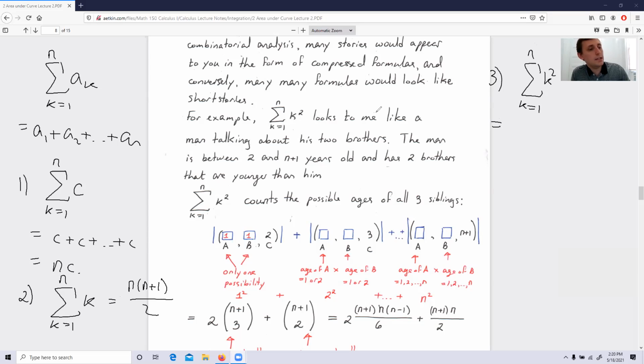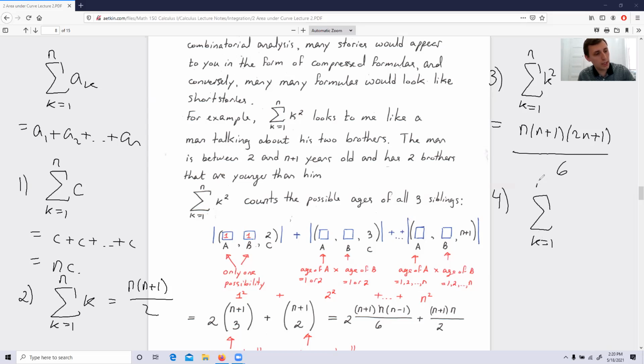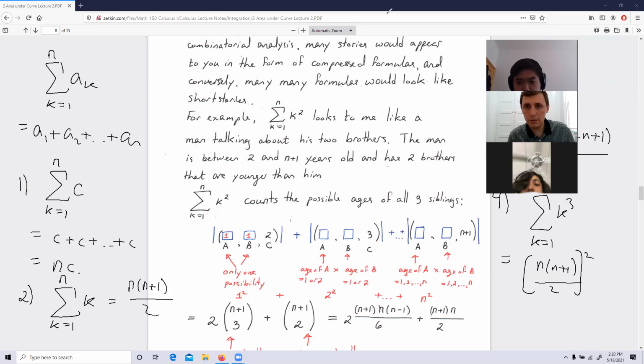And that's equal to n times n plus 1 times 2n plus 1, if I'm not mistaken, divided by 6. I always forget it, and I always verify it from scratch. And identity 4 is that the summation where k is 1 to n of k cubed will end up being n times n plus 1 divided by 2, and all of it squared. We're going to use those identities in one moment.